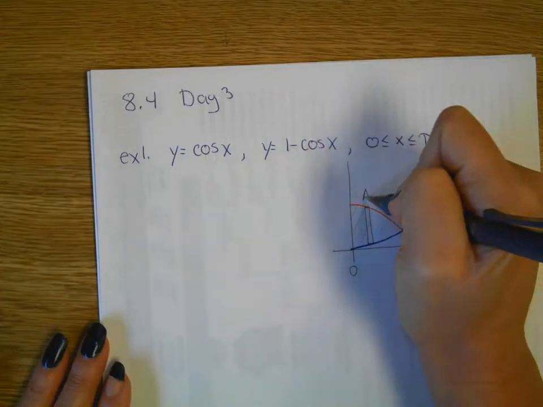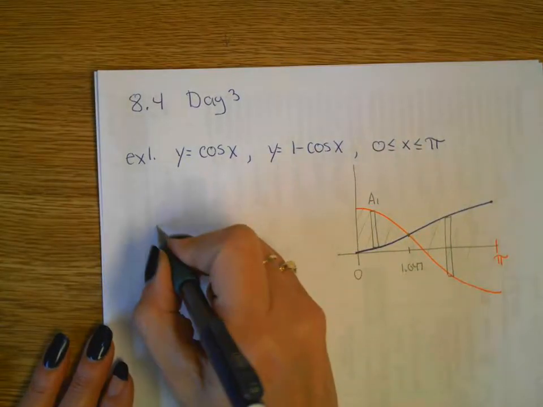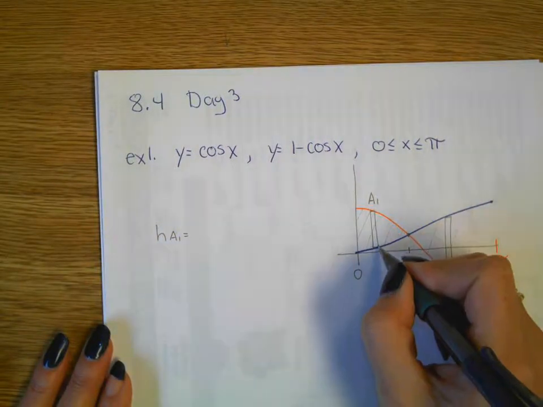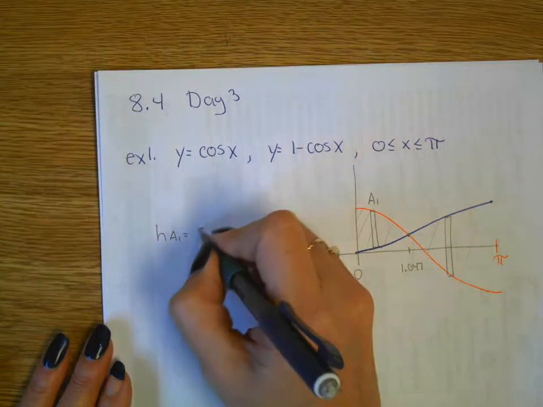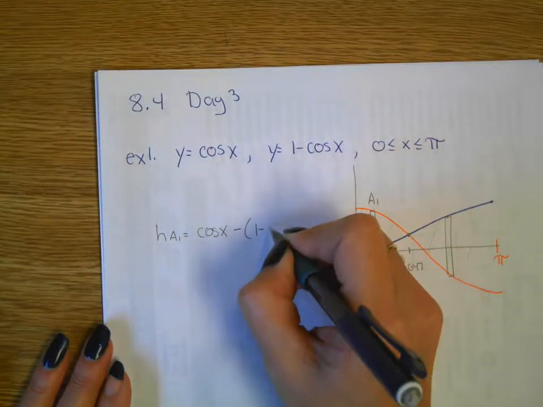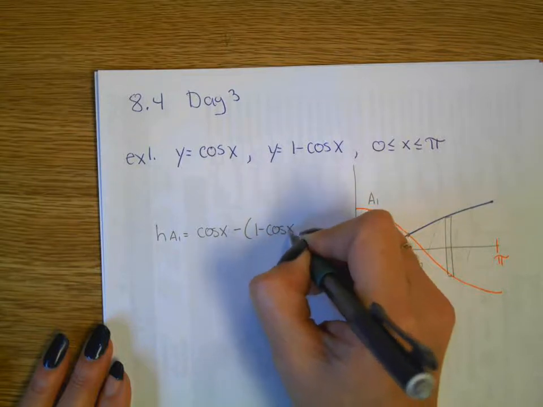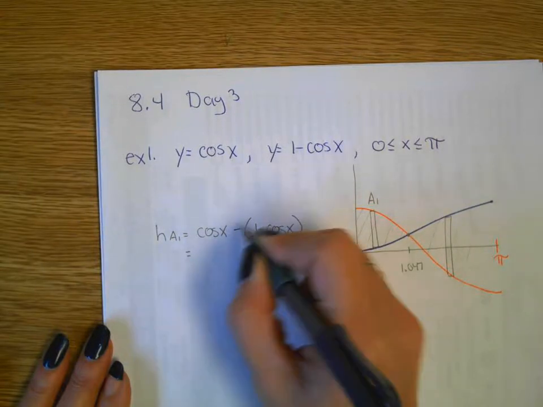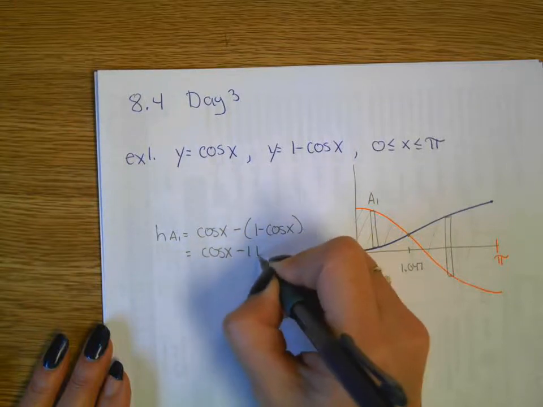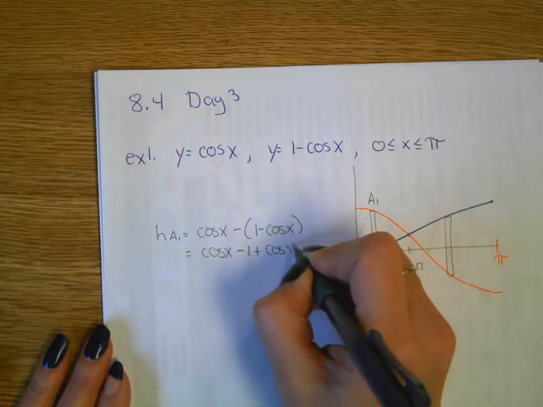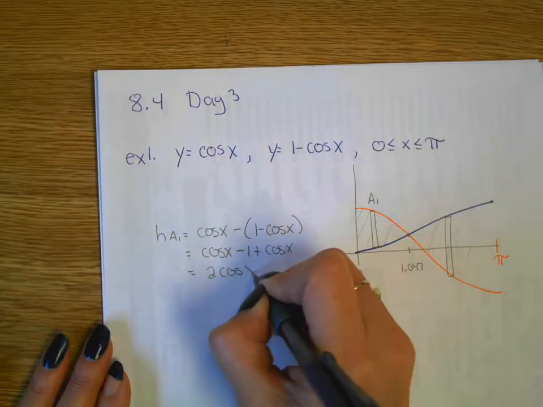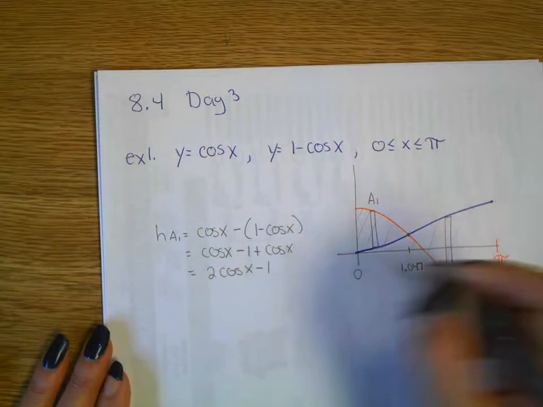So for area 1, I'll call this area 1, the height at area 1 is orange minus blue. Orange was cosine, minus 1 minus cosine. Distributing, I'll have cosine minus 1 plus cosine, which simplifies to 2 cosine x minus 1.